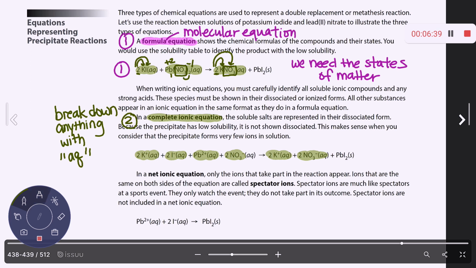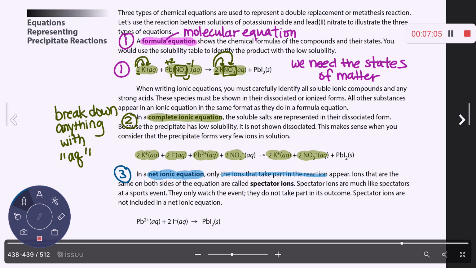Okay, now the next part is where we write something called the net ionic equation. Now this is relatively easy to do because it's based upon what you did in this complete ionic equation, okay? So the net ionic equation shows you the ions that take part in the reaction. It gets rid of everything else. So how do we get rid of everything else?